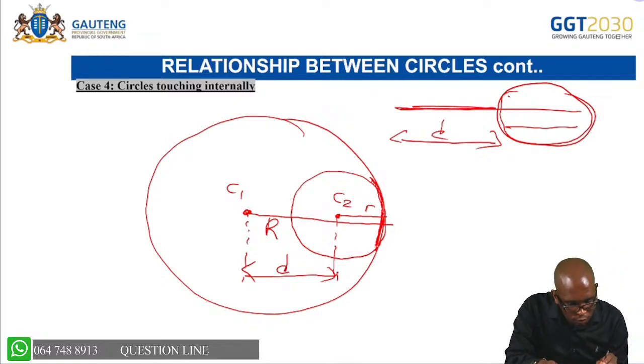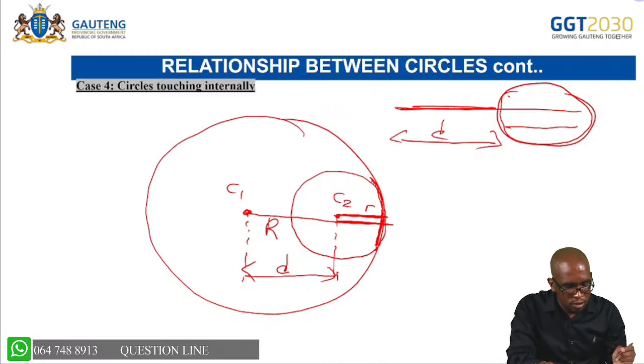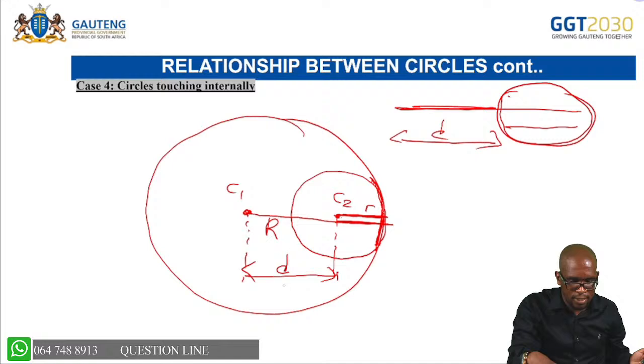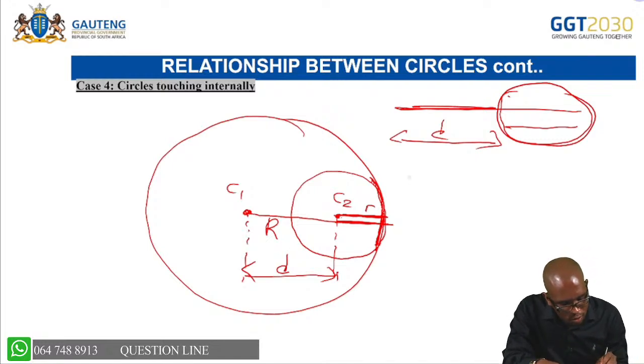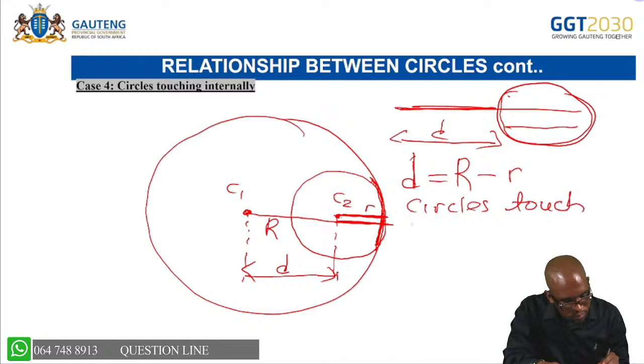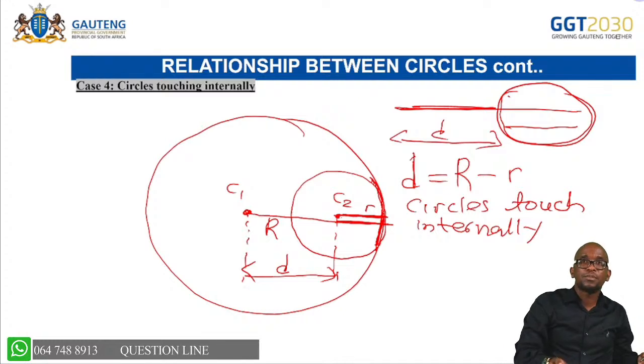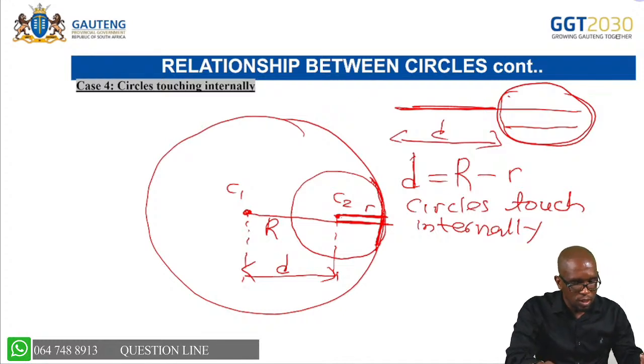I repeat, if you take this line, small letter r, and remove it from the bigger line R, you'll find that what remains is exactly equal to d. So we say that now the value of d is exactly equal to R minus r. If that's the case, then we're going to say circles touch internally. Circles touch internally. Right, moving right along.